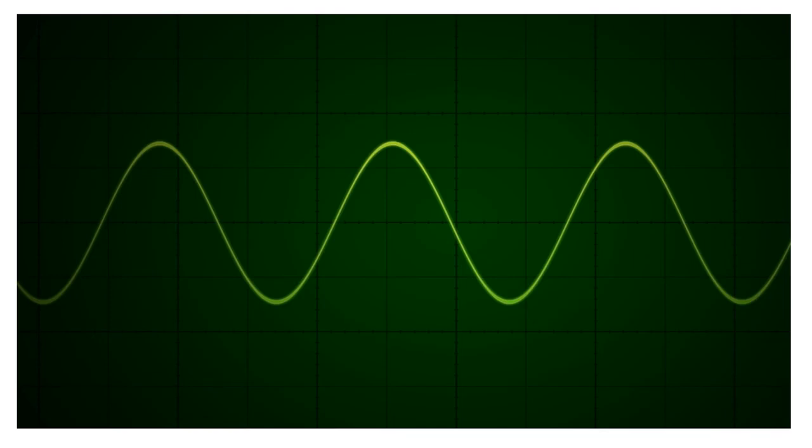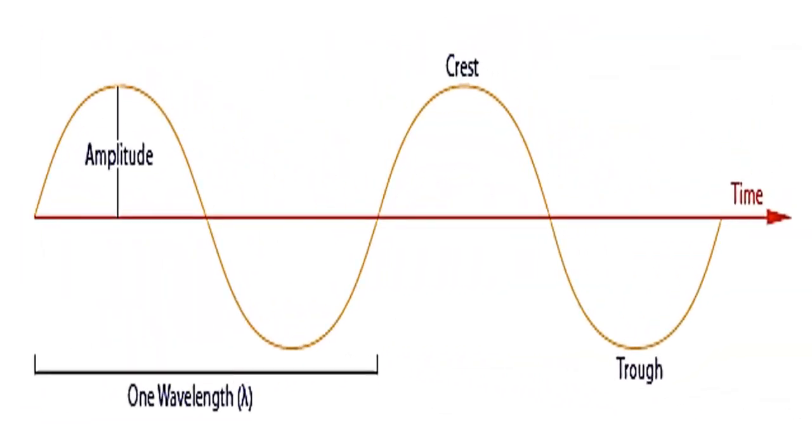This is how a simple wave is represented diagrammatically. Here, the parts of the waves are not labeled, but don't worry, we will be learning them in detail later in this video. If you look here, a few parts of the wave are labeled.